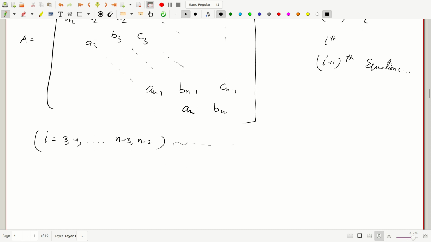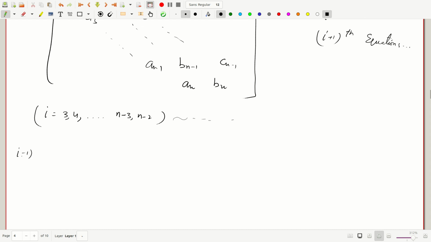If I write the i minus 1th equation, it will look like ai minus 1 xi minus 2, plus bi minus 1 xi minus 1, plus ci minus 1 xi, equals yi minus 1. Because you are writing the equation for i minus 1, your x will be 1 lesser.